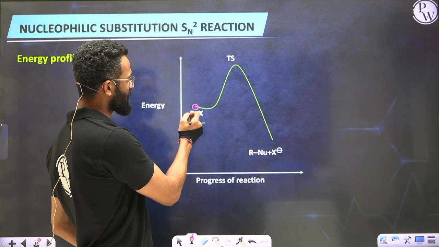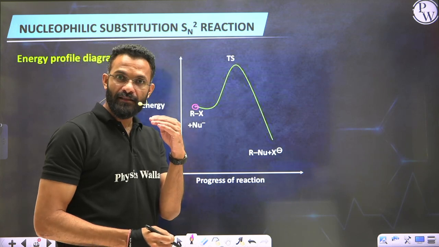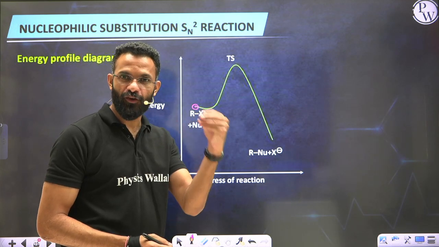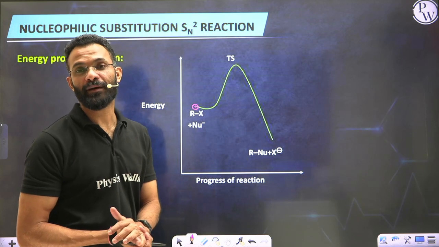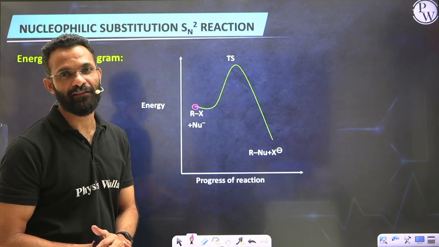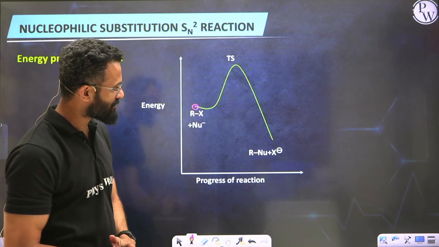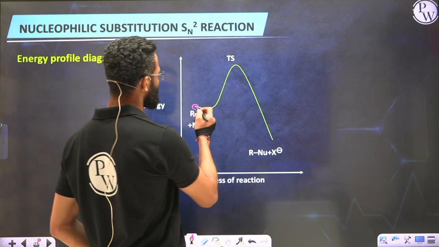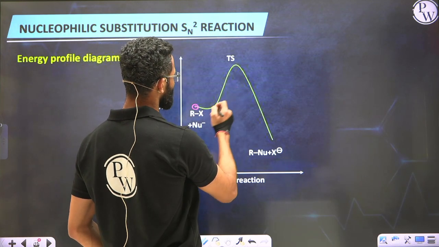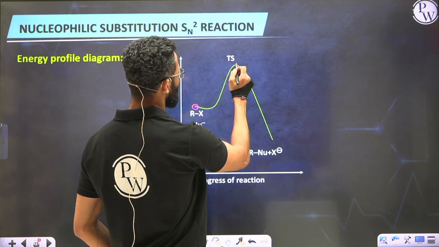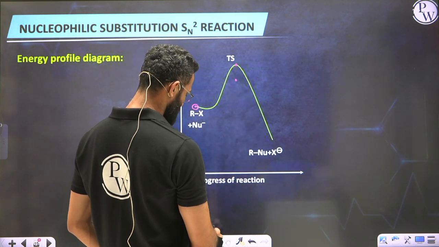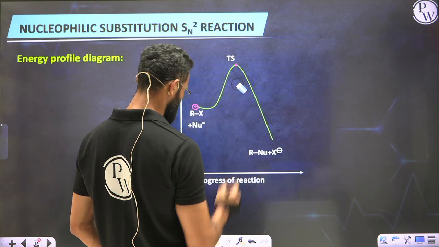When the nucleophile attacks at the carbon, the slow step results in the formation of a temporary state where carbon is pentavalent, called the transition state. And the transition state is always a state of highest energy content. So the energy will increase and reach the highest point, which is the transition state.